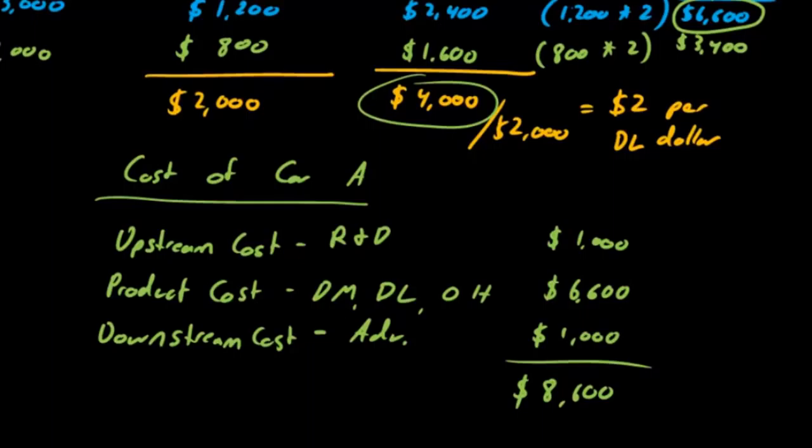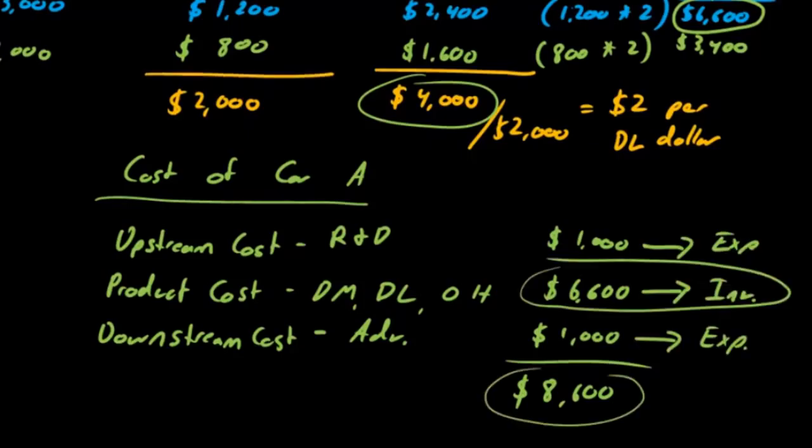But the only thing that we put in the inventory is this product cost. So this goes into the inventory. The upstream cost is expense, and this downstream cost is also expense. So our inventory just shows our product cost, just as 6,600 per car. But if a manager is making decisions, they need to consider the upstream cost and the downstream cost, and when you consider those two costs, you can actually see that the cost is 8,600 to design, produce, and sell one of these cars.